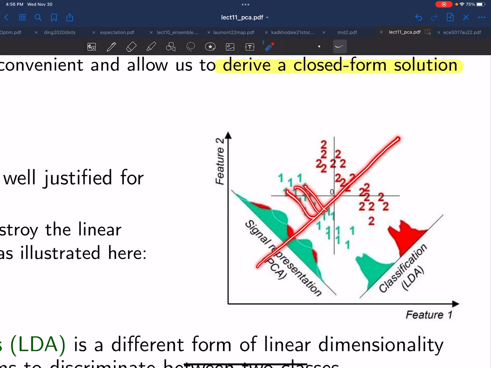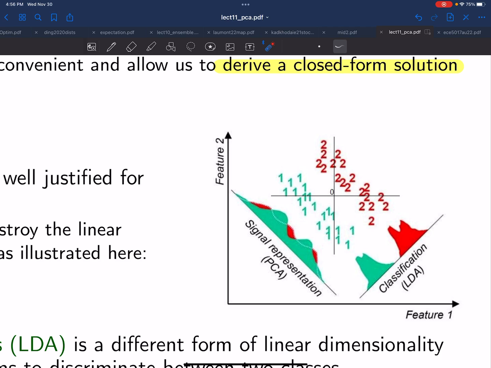So all these guys would be compressed to here, and all these guys would be compressed to here. And in one dimension, it's still linearly separable. It would work perfectly. But PCA is not going to do that. PCA is going to work the other way. So this is just to show you how PCA can fail when the final task is classification.